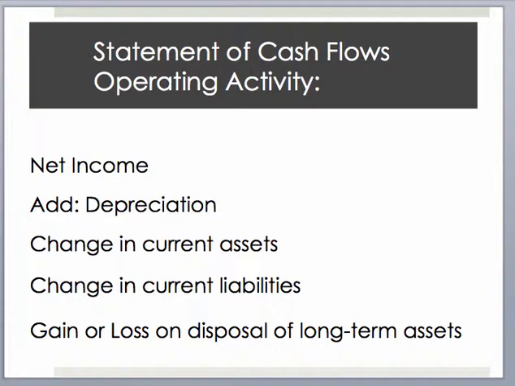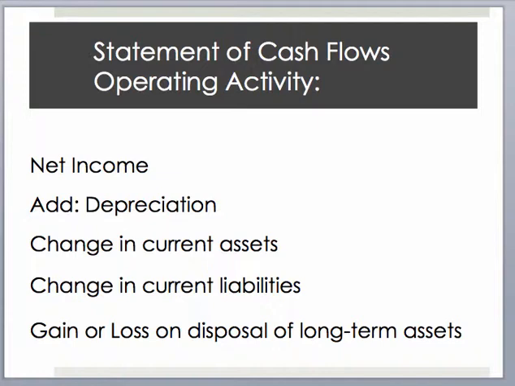The depreciation expense entry is a debit to depreciation expense and a credit to accumulated depreciation. There isn't any cash involved, so we need to neutralize the effect on net income. Here, as I mentioned earlier, we're going to show the change in current assets, excluding cash, and the change in current liabilities.